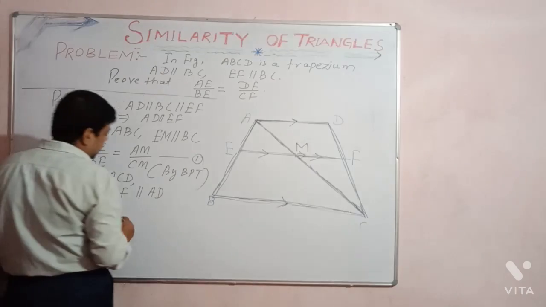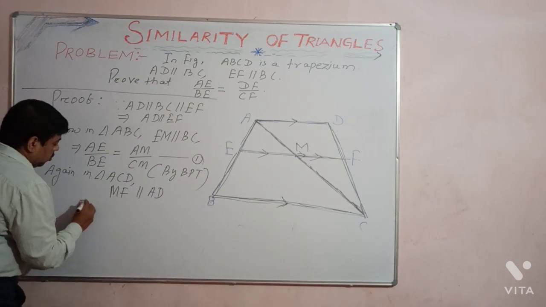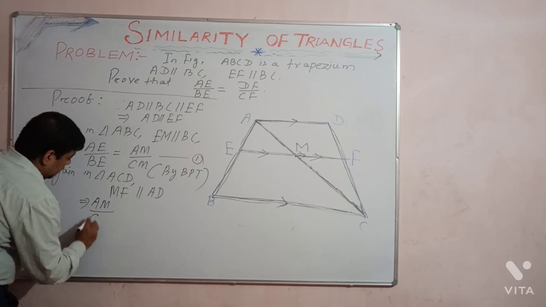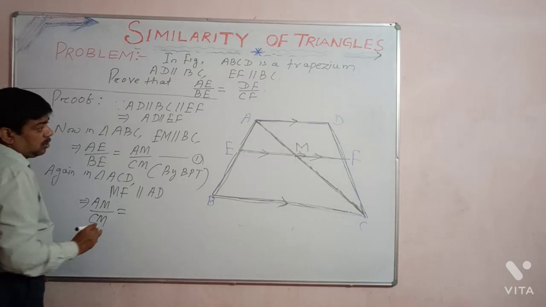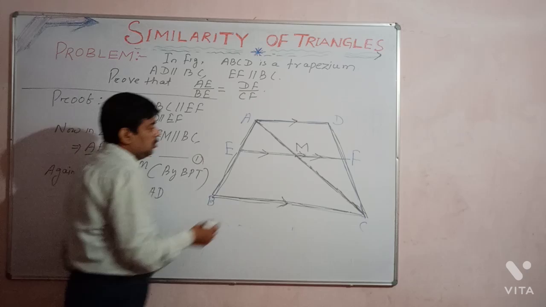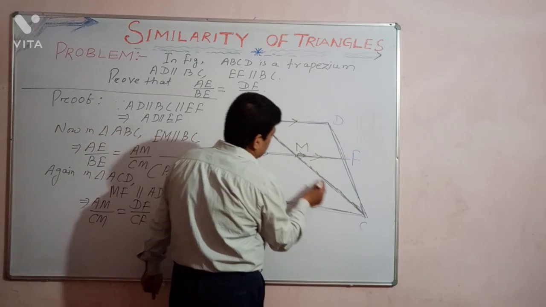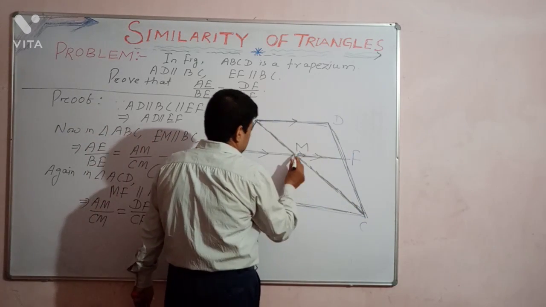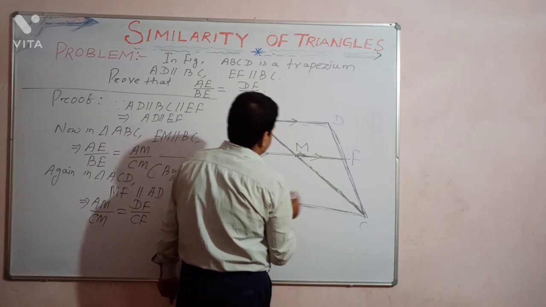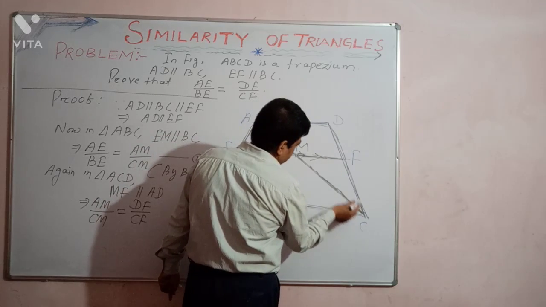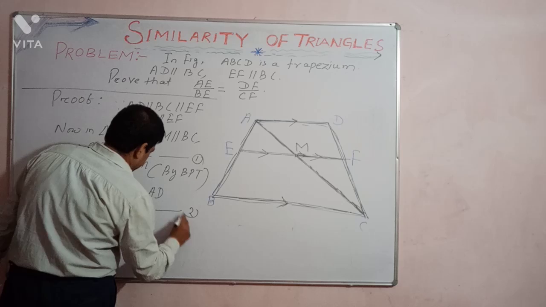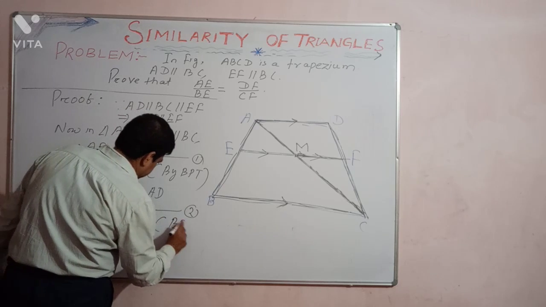Because EF is parallel to AD. That implies we can write AM upon CM is equal to DF upon CF. Yes or no? Since in the triangle ACD, MF is parallel to AD, AM divided by CM is equal to DF divided by CF, according to BPT. So this second point you got by the BPT theorem.